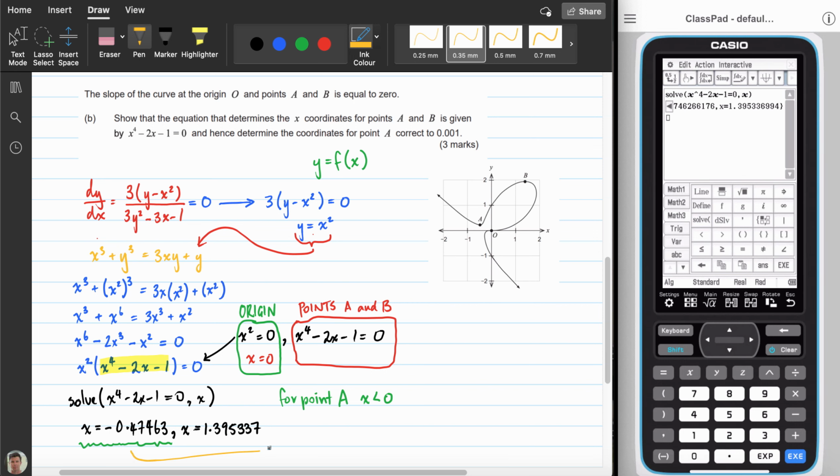So I'm going to work out the y coordinate by going negative 0.47463 squared. Great. So from here, guys, sorry about my working out, it's a little bit all over the place. But from here, we can say that therefore the coordinate for point A is going to be negative 0.475, and the y coordinate is 0.225.